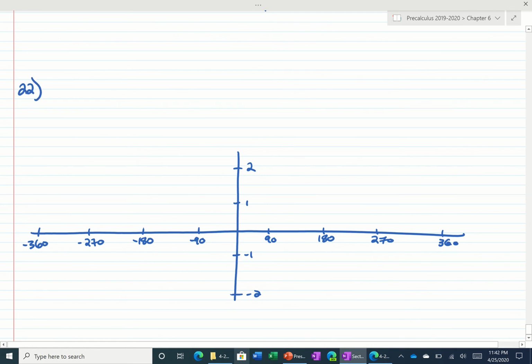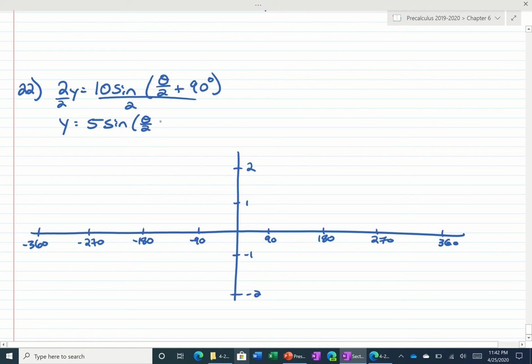All right, so for number 22, it says we have 2y is equal to 10 times the sine of theta over 2 plus 90. Okay, let's clean it up by dividing by 2 first. Remember, we just divide the 10 by 2. We don't do what's inside here. And then we could factor out the 1/2 in front.